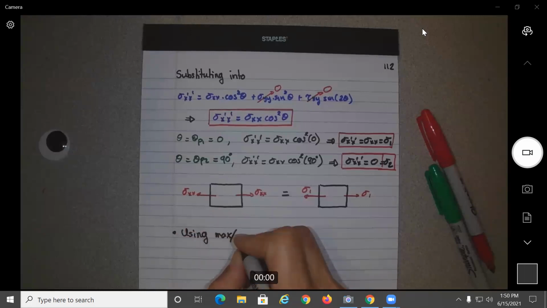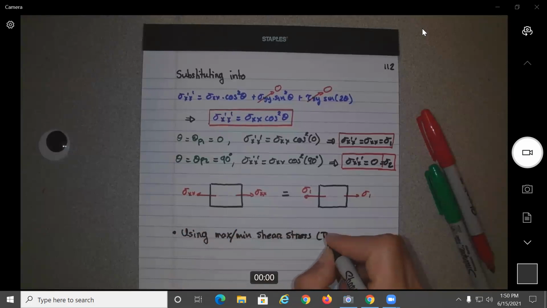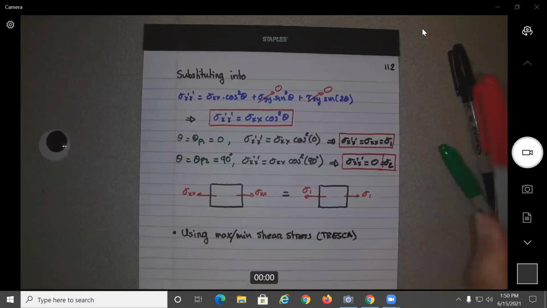Now let's see what happens if we solve the problem using max min shear stress, which is again what is generally referred to in textbooks as the Tresca.